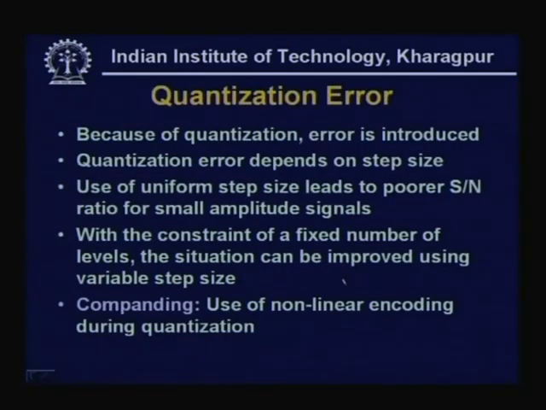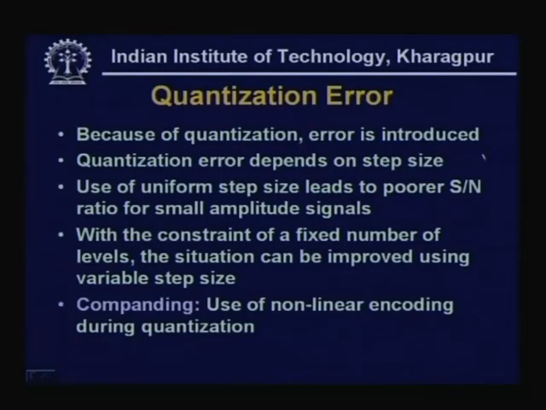As I mentioned, whenever you use sample and hold and an analog to digital converter of a suitable number of bits, quantization error is introduced. Essentially, it depends on the step size. Suppose you are using 5 volt, that means from 0 volt to 5 volt, and the quantization level is 8 bit, that means 256 levels. So, the step size is essentially 5 volt by 256.